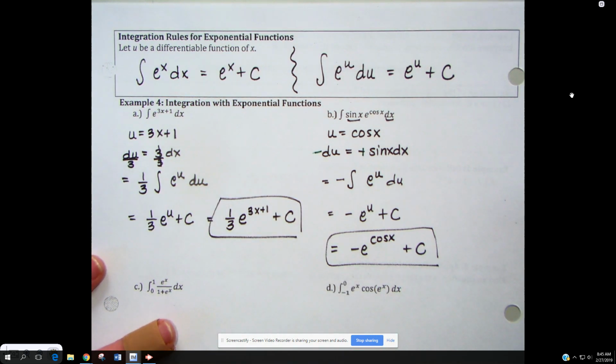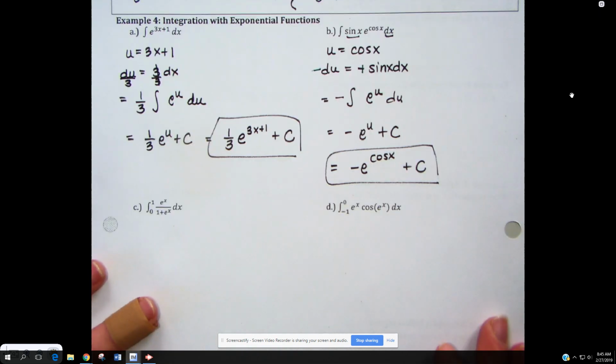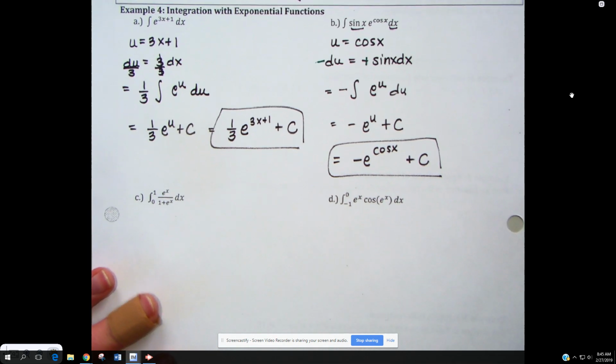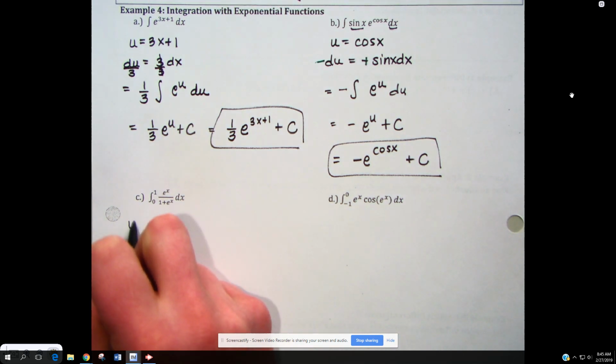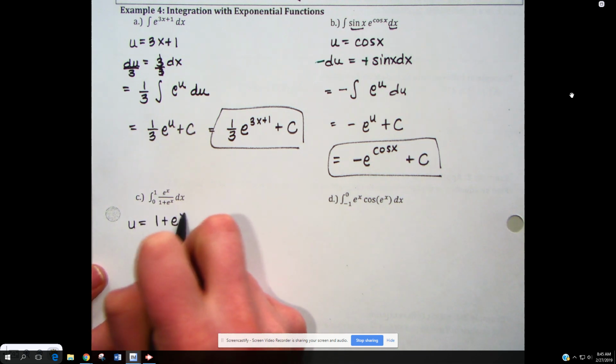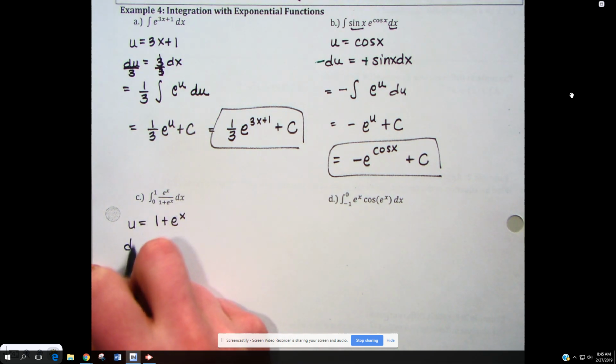So two nice sort of easy questions. If you look at letters C and D, you'll notice that the power isn't really going to help you here because u equals x is a terrible substitution. It won't help you simplify anything. So these two work a little bit different. Letter C is kind of like a quotient rule. If I let my u simply be the denominator, then I can review the stuff from the front side.